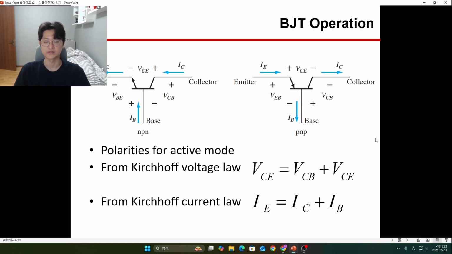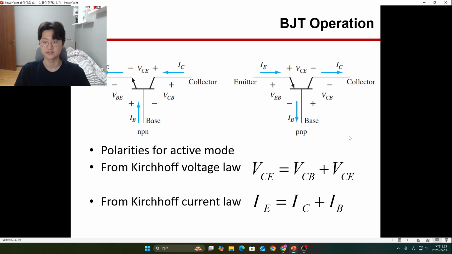This is the operation of BJT. In the case of an NPN transistor, some electrons are emitted from the emitter part and transported to the collector. So the current has a negative sign compared with the electron, so current flows right to left, and PNP is the opposite case.